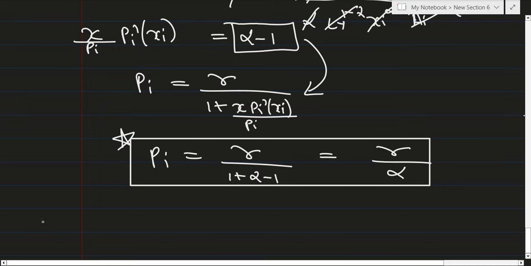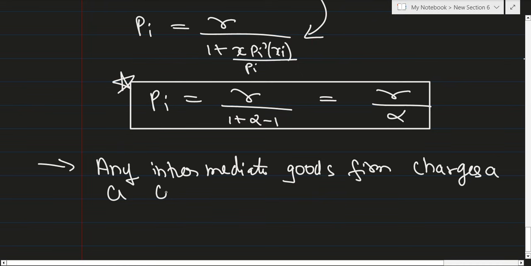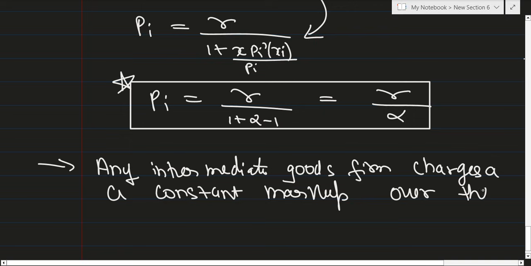Okay, so we can write here: any intermediate goods firm charges a constant markup over the cost of producing the intermediate good.